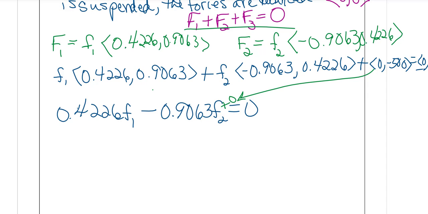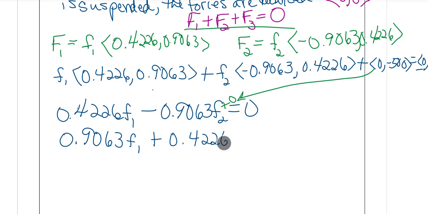And then the other equation is going to be 0.9063 F1 plus 0.4226 F2, and then minus the 500 is going to equal 0. So this time I do need to include that force from F3 because it is all entirely in the y direction.